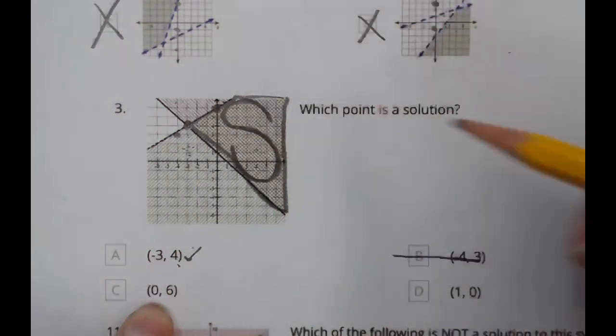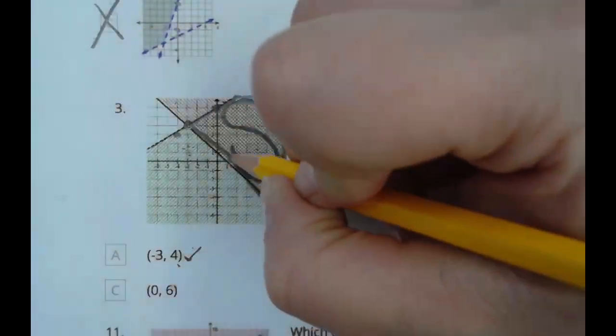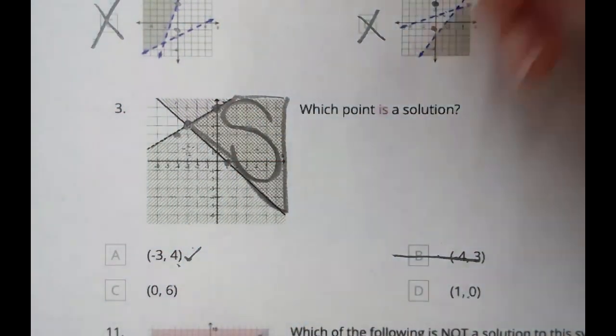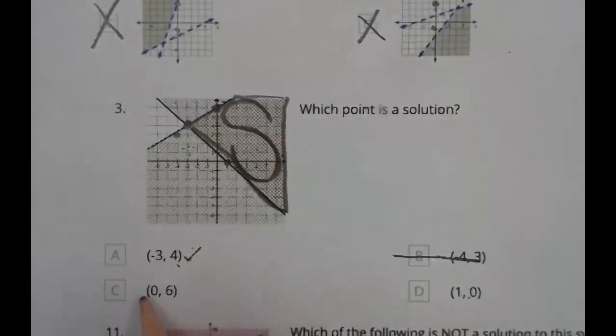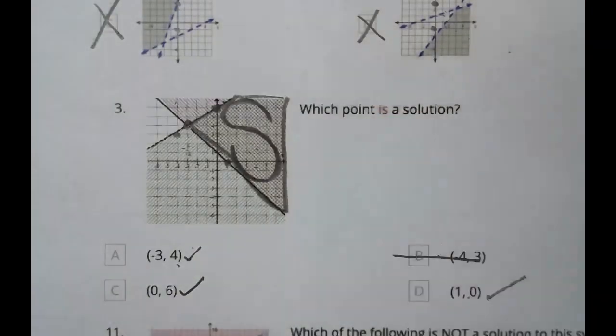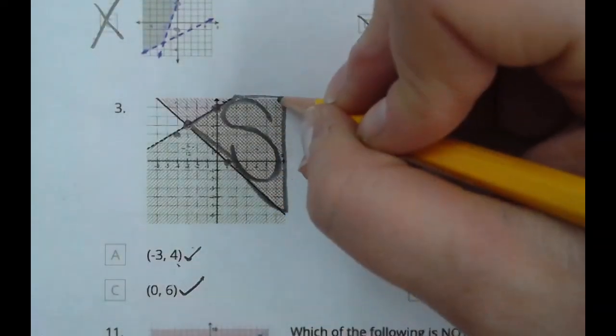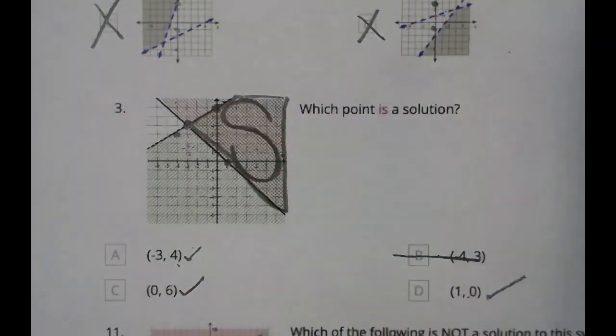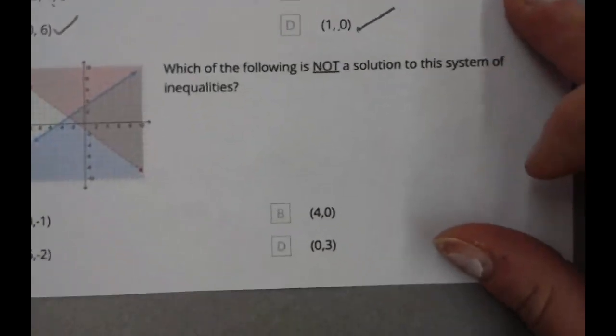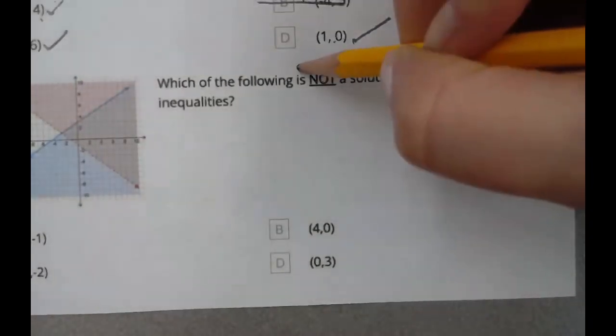All right, maybe C. D is over 1, up 0. Oh, I think A, C, and D are all solutions to this system. Okay? Can you name maybe one more solution that is definite? Anything in here is definitely a solution to this system. And then there's 11, which is not.